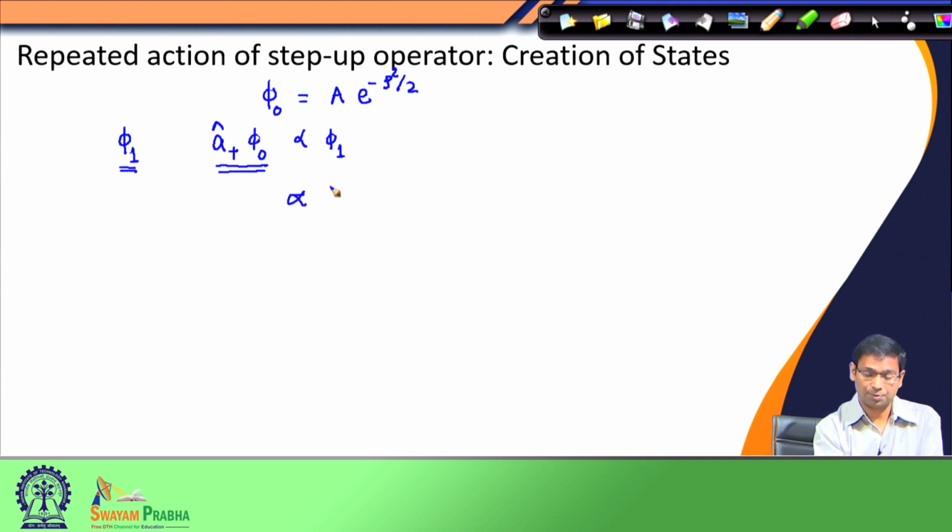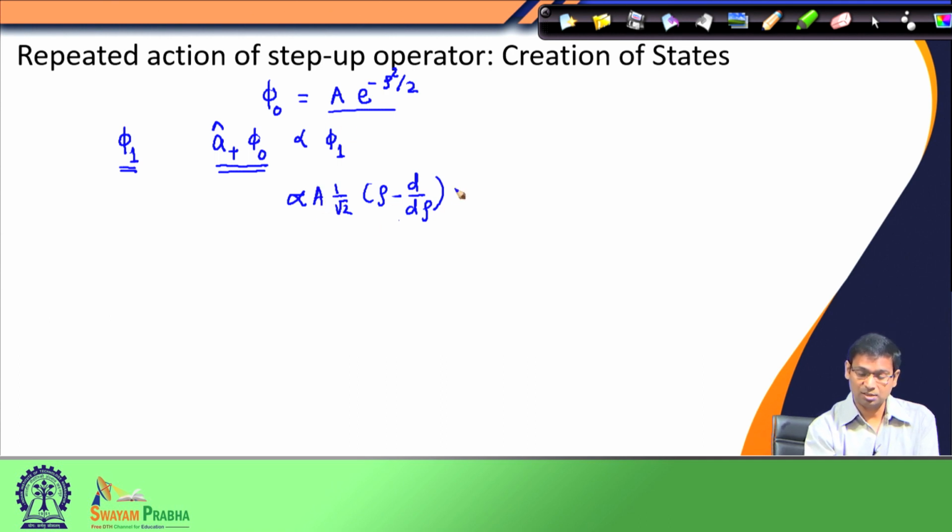This is proportional to 1 over root 2 times rho minus d by d rho. This is the a plus operator in dimensionless coordinate. Instead of writing phi 0, I will use the functional form. I have A, which is a normalization constant. I am keeping that constant here and writing down e to the power minus rho square by 2.